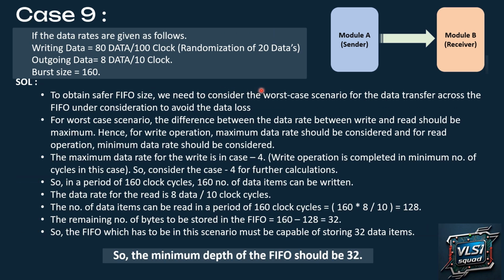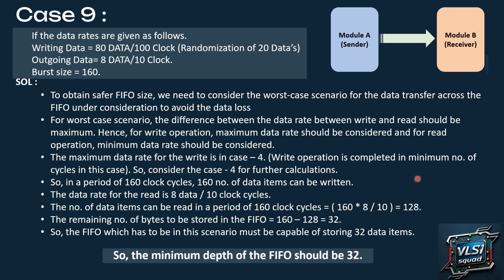Here we are taking 160 clock cycles for 160 data items as the speed of the sender module. So that is the worst case scenario. The reader speed will be 8 data items per 10 clock cycles, it is given. In the time when the sender sends 160 data items, how many data items can the reader read?